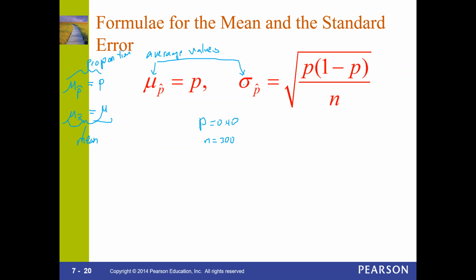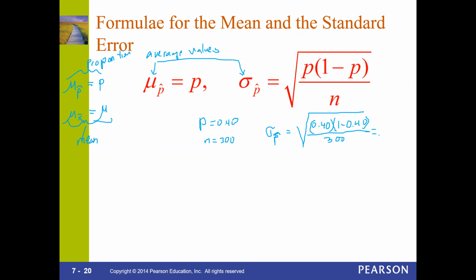So how do you find the standard error? Standard error is equal to, this is for proportion. That's why I calculated the P, that's an indication for me. This is a proportion. This is equal to the square root of 0.40 times 1 minus 0.40, divided by 300.